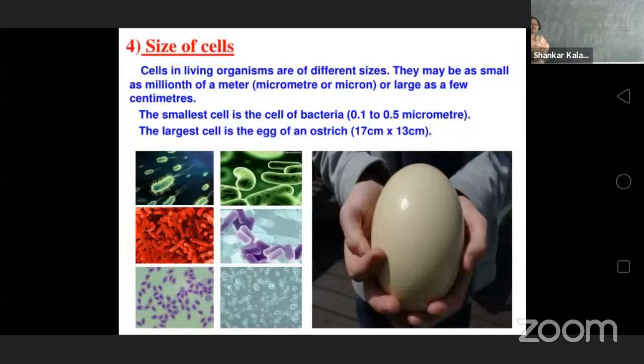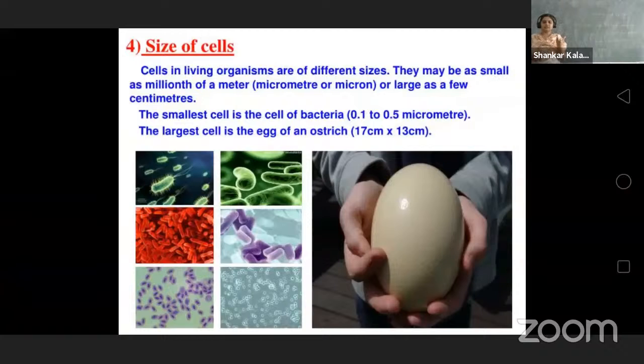So the smallest cell is the cell of bacteria. You know, we cannot see bacteria with our naked eyes, isn't it? So we have to see by microscope. The smallest cell is the cell of bacteria, 0.1 to 0.5 micrometer. And you know the ostrich egg, students, is larger than the hen egg which we used to eat.